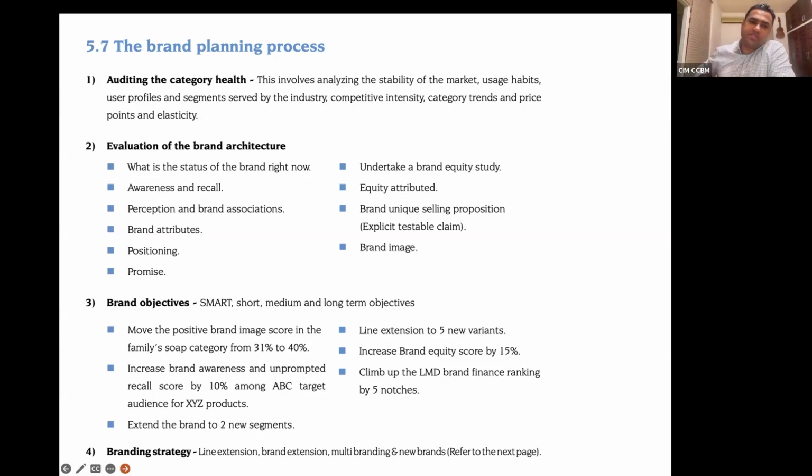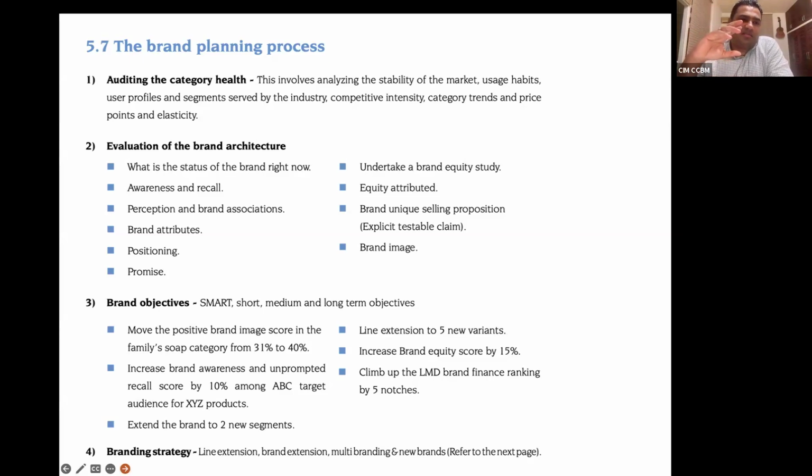What is the perception and associations of the brand? What are the attitudes, the positioning, the brand image, the brand promise, the equity of the brand, the value of the brand, and what is the proposition of the brand, the unique selling proposition. The unique selling proposition can be the explicit testable claim of the brand.